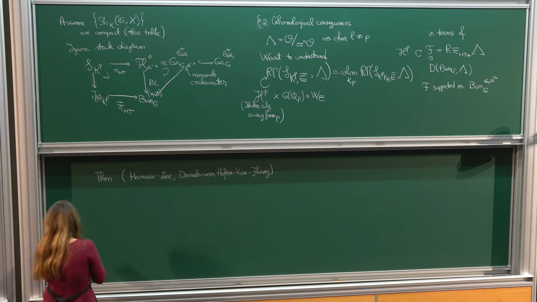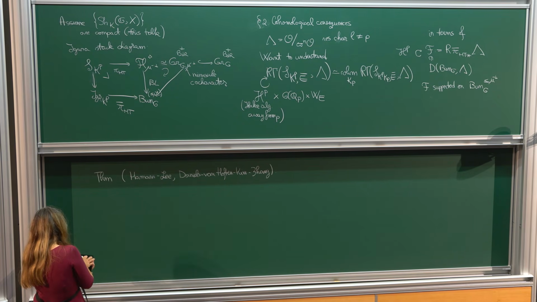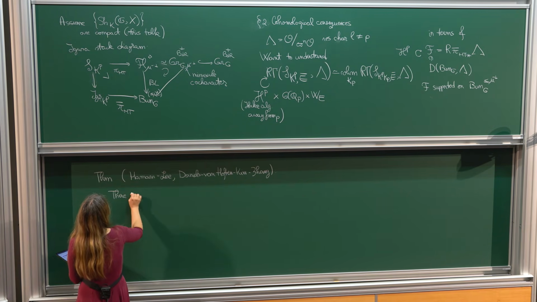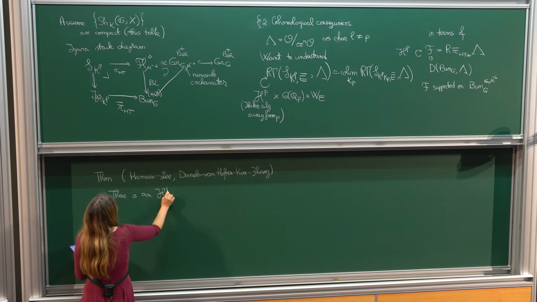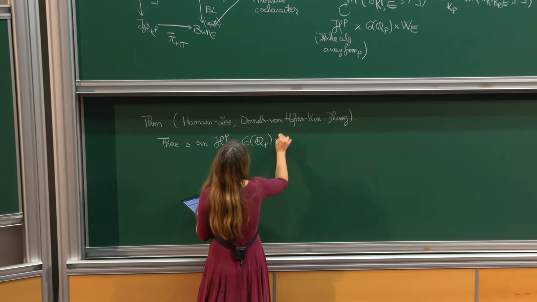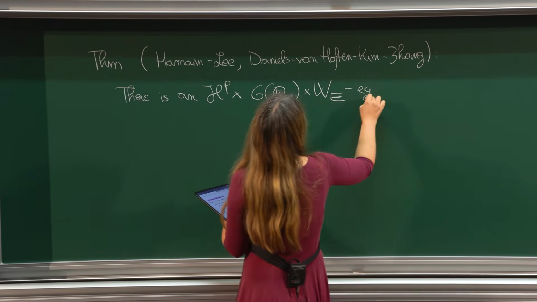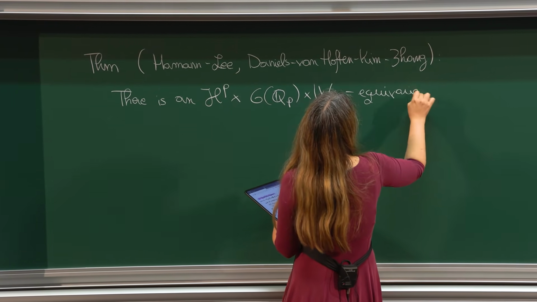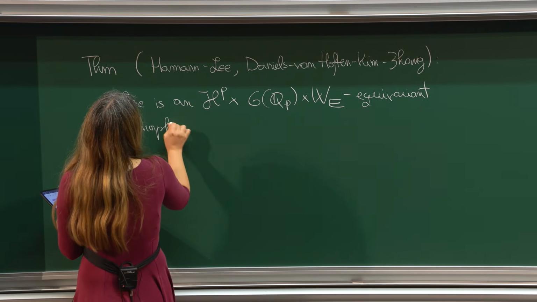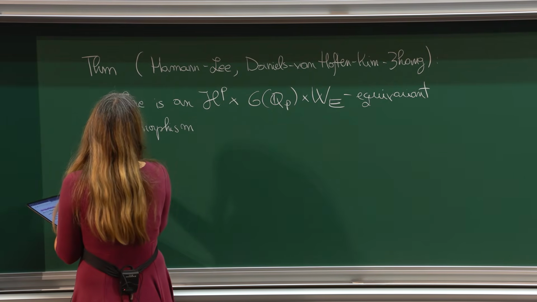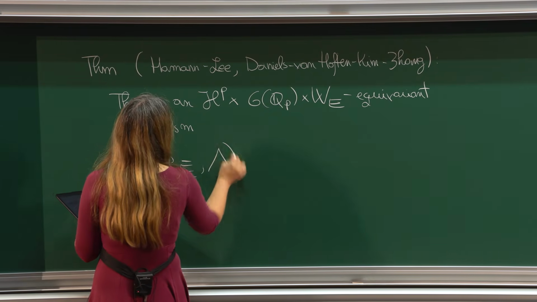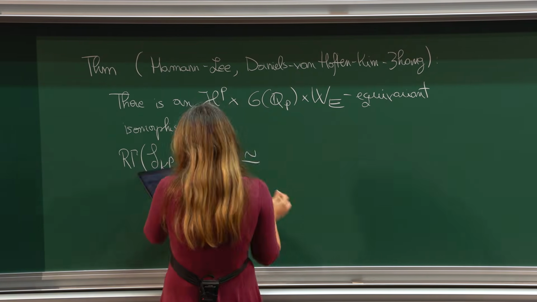And this theorem says, so that I don't forget any of the structures, there is an H away from P cross GQP cross WE equivariant isomorphism between the cohomology of the Shimura variety with infinite level at P and the following thing.